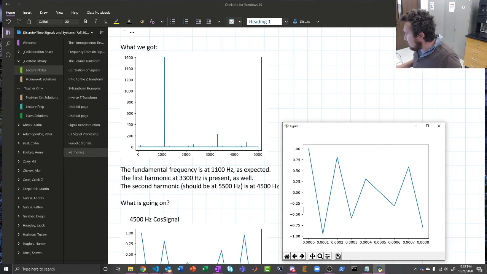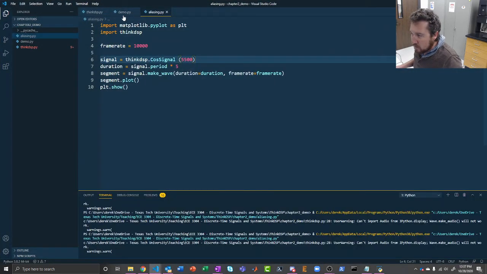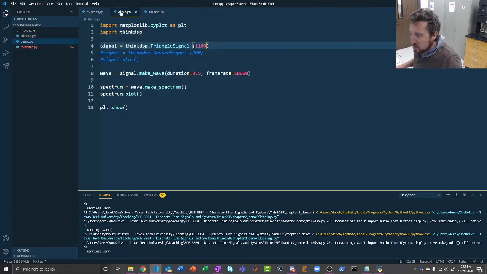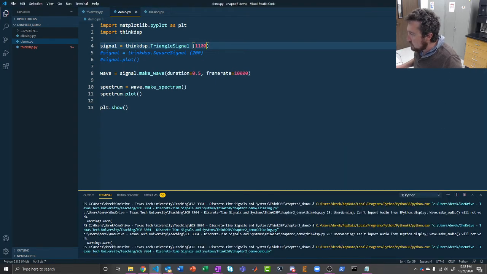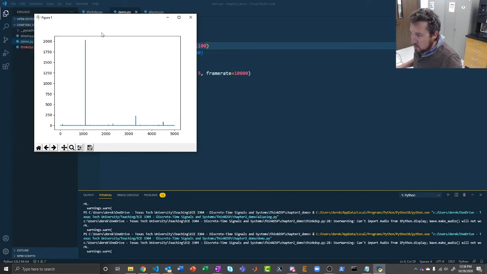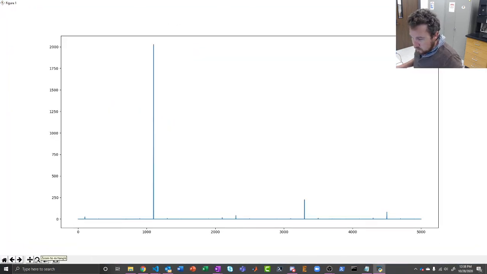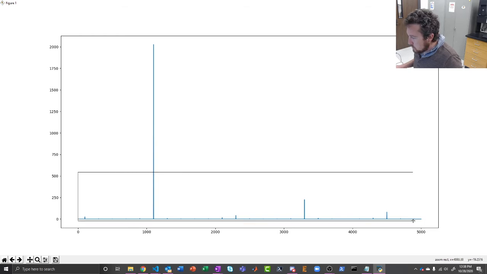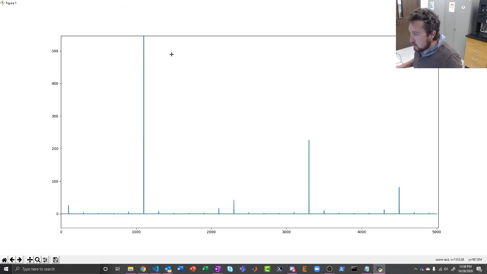And we can mess around and see what's going on. If we go back to our original signal here, 1100, let's take a look. Let's run that after I get rid of that. I'm going to zoom in here. And so sure enough, the third harmonic, the next biggest one, should have been at 5,500, but is in fact at 4,500, right?